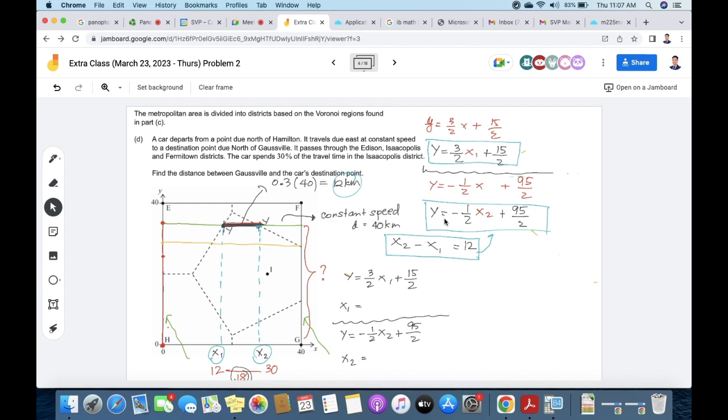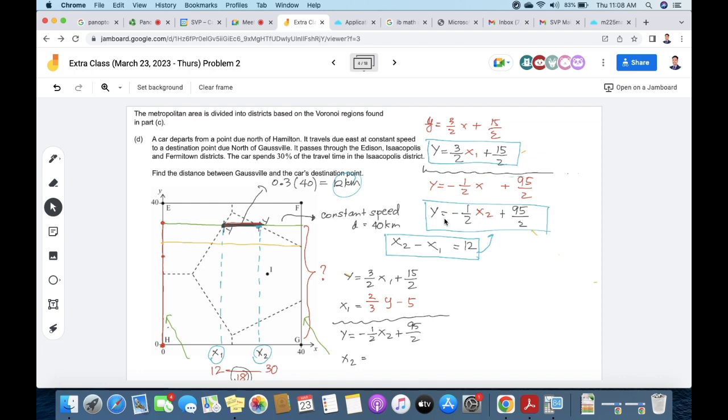X sub 1 is equal to 3 halves y minus 5. No, not 3 halves, 2/3 rather. 2/3 y minus 5. Can you check if it's correct?